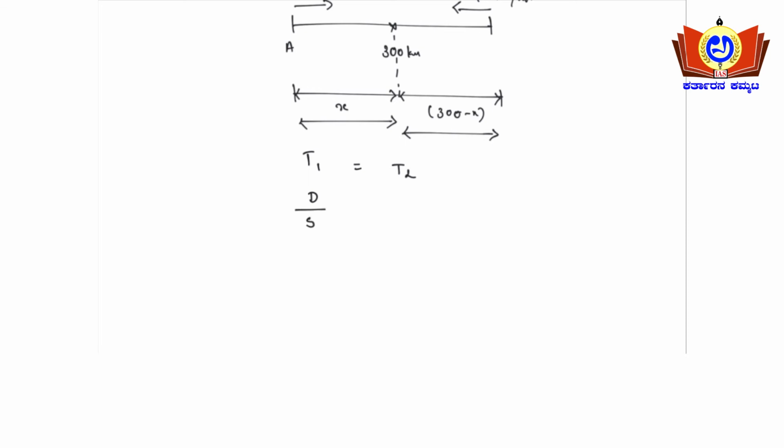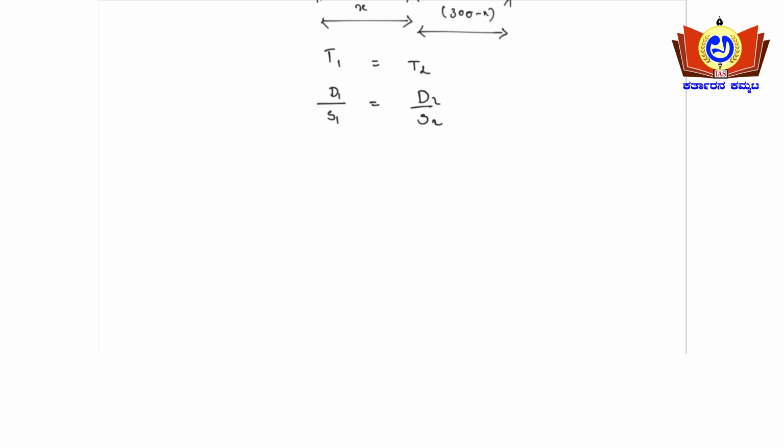So t1 will be d by s, and t2 is also d by s. Here d1 is x by 30, speed is 30 and distance is x, and d2 is 300 minus x by 45. Before cross multiplying, we can cancel, 2s and 3s.